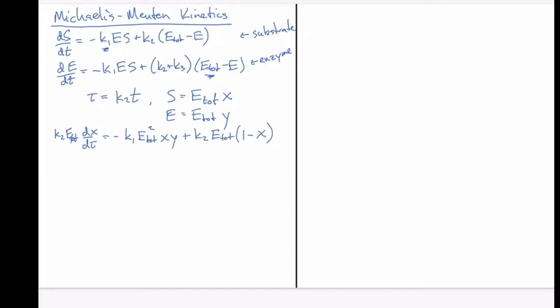And then in the second equation, we're going to have K2, the time constant, 1 over the time constant, which pops out into the numerator, and we have E tot multiplying dy d tau.